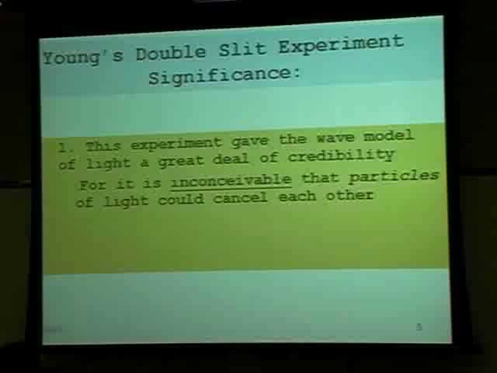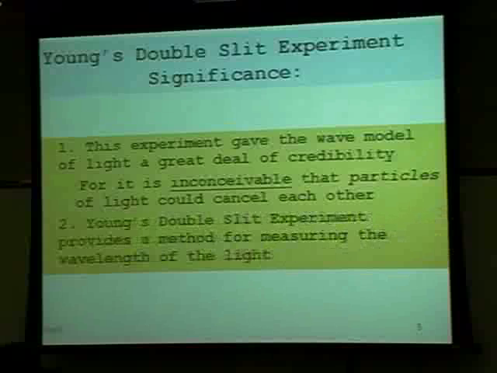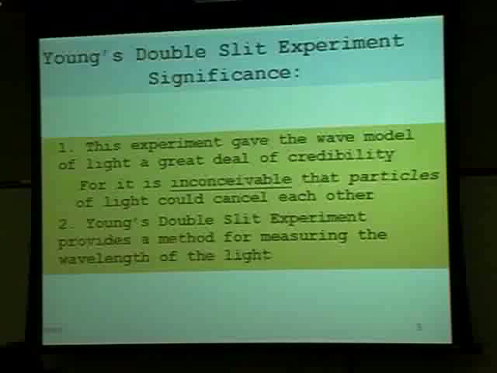So the wave model gives us a chance to look at that kind of effect. And Young's double slit experiment provides a method for measuring the wavelength of light. We'll see as we get our results that there is a relatively simple way to obtain the wavelength of the light from the interference pattern.